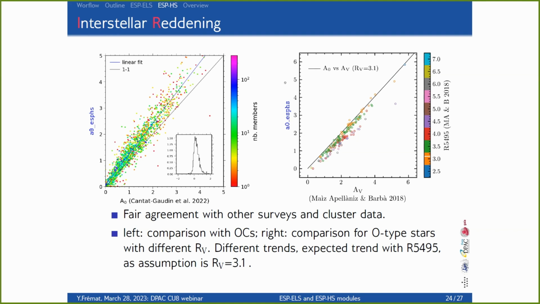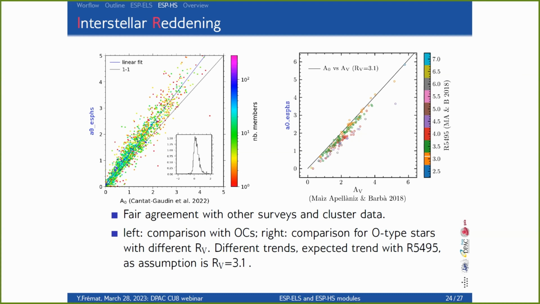but we arrived at an opposite conclusion when we compare it star per star for the O-type stars, the extinction measured by ESP-HS to the value provided by Maíz Apellániz for these O-type stars. But in this work, they also take into consideration different values of the extinction factor, while we are just assuming a constant extinction factor.